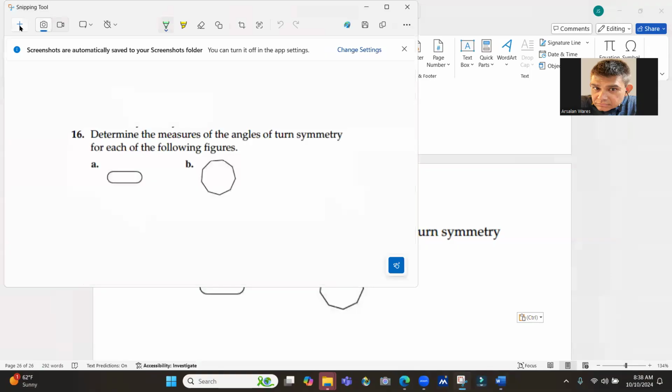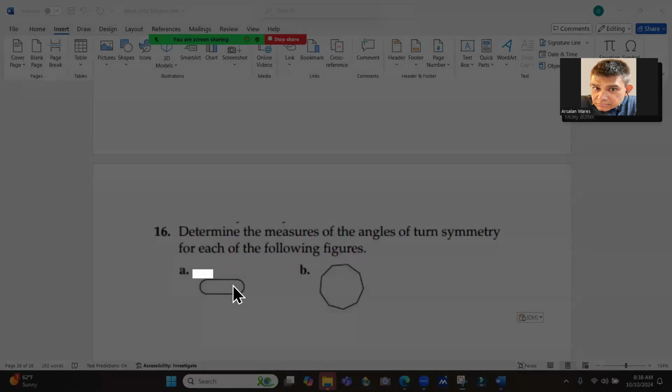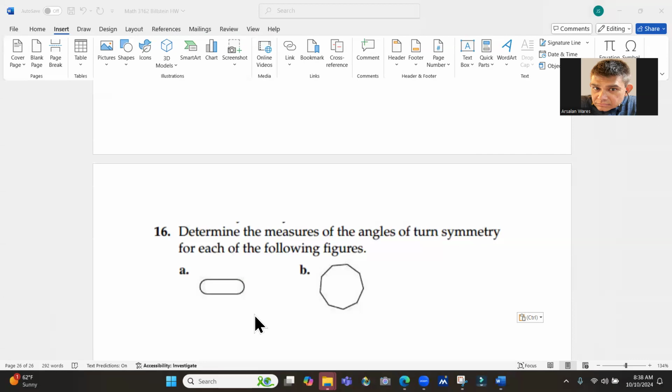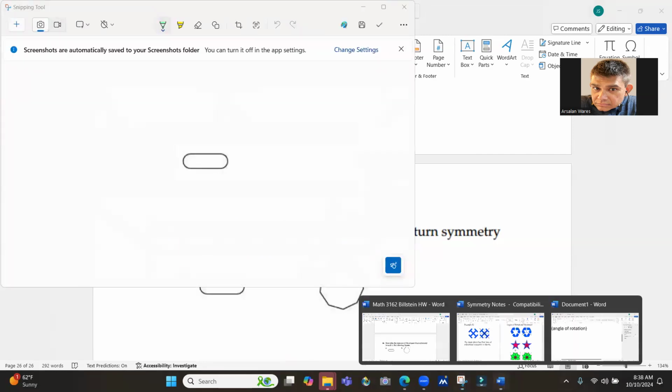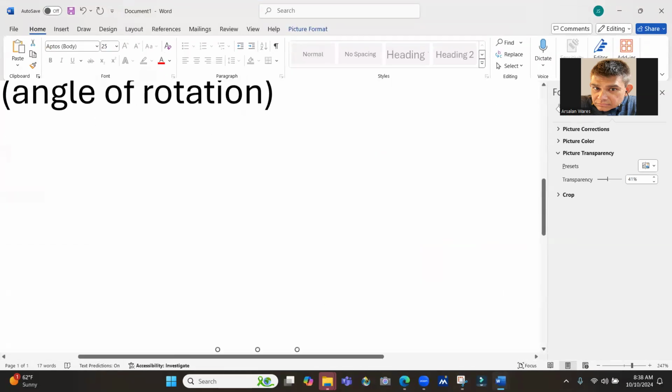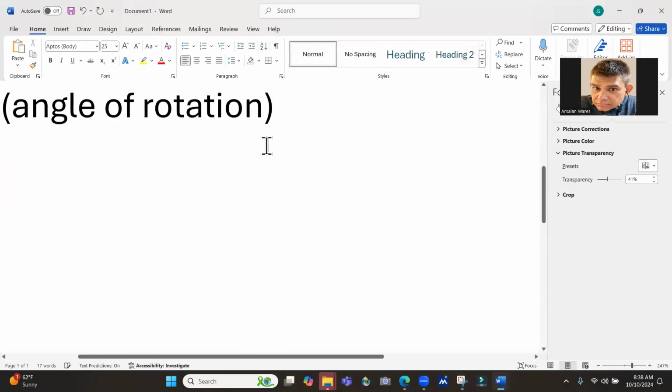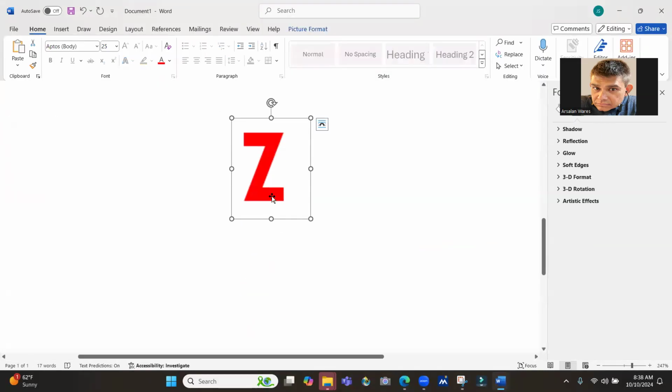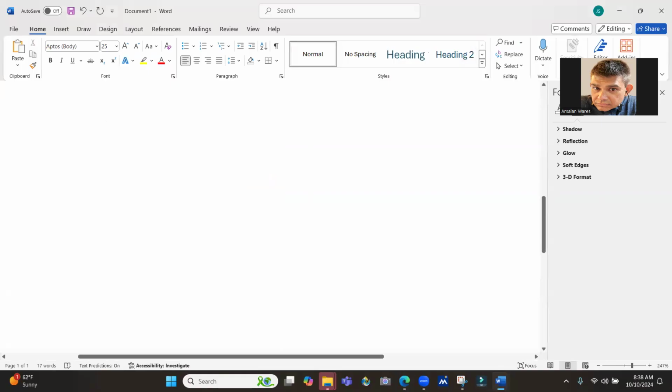First one, I am going to turn it around the center like so. First, let me test if it has turn symmetry. It does.